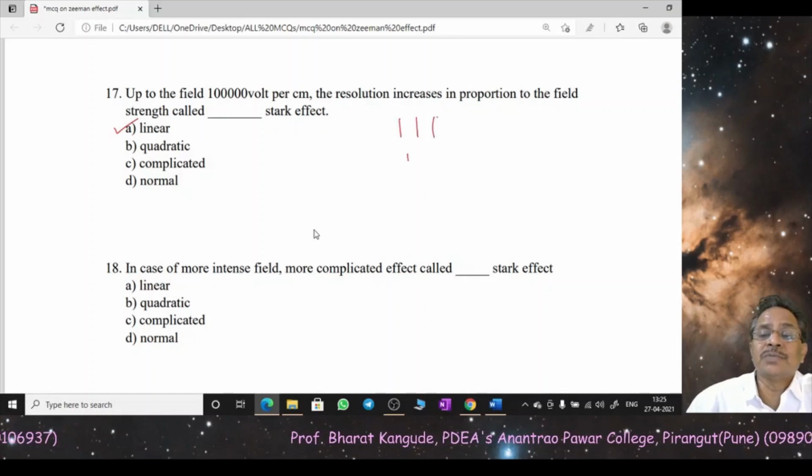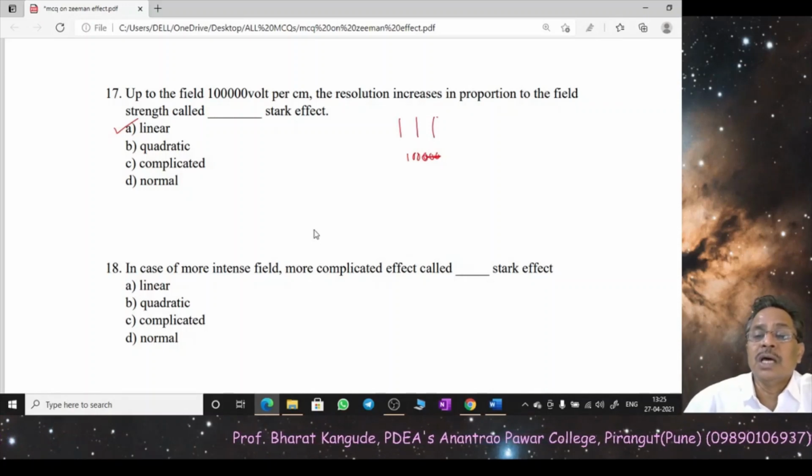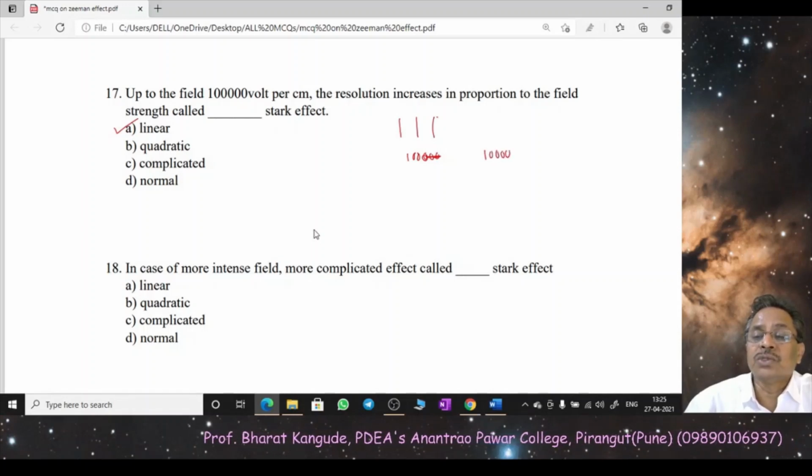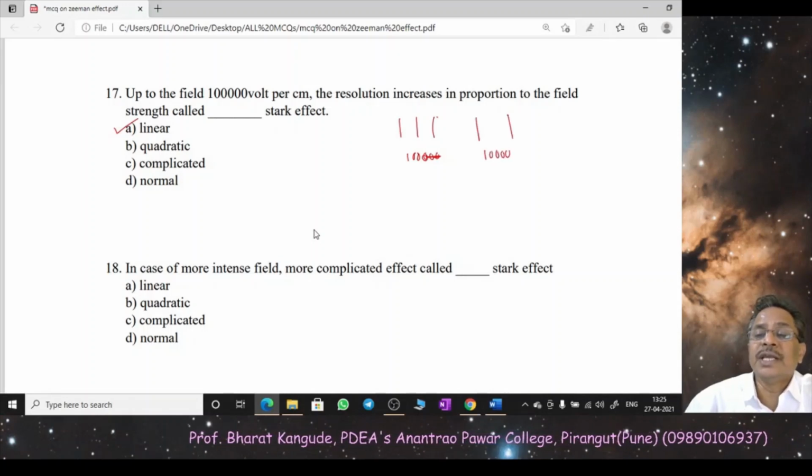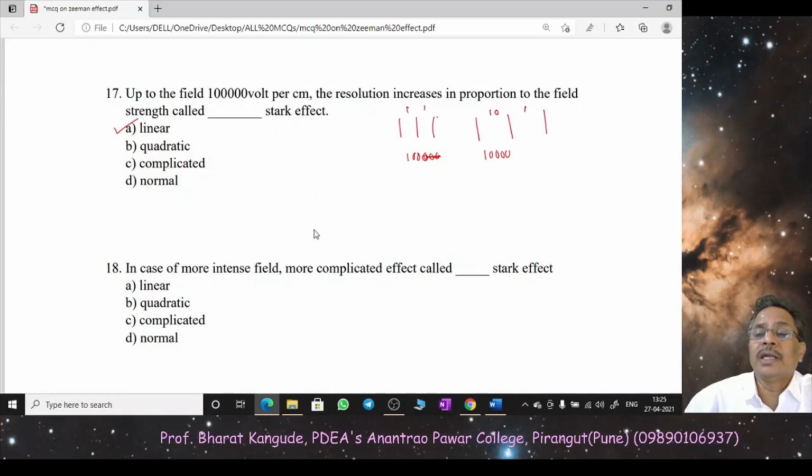If I go for 1000 volts, this is the separation. If I go for 10,000 volts, then this will increase 10 times the original. If it is 1, this will be 10 times the separation.